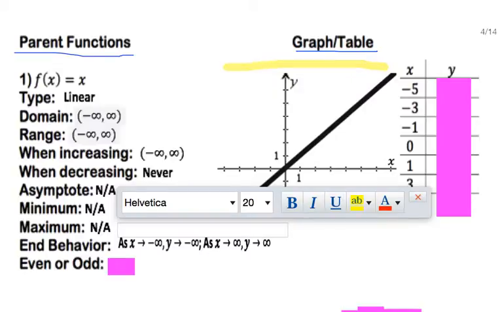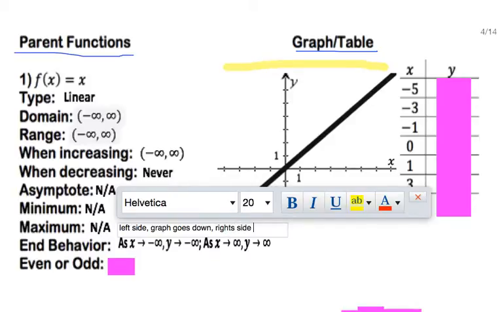And as x approaches negative infinity, that's just the left side of the graph. Okay, and it says that on the left side of the graph, your y is approaching negative infinity. So your graph is going down. Okay, so the left side of the graph is going down. That's what you've got here. And then for the next part, as x approaches positive infinity, we're talking about the right side.